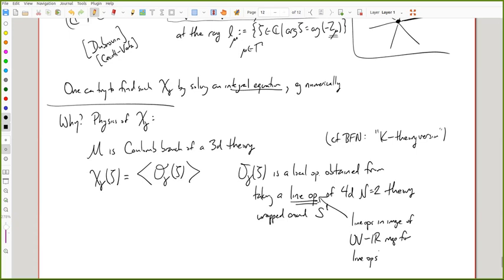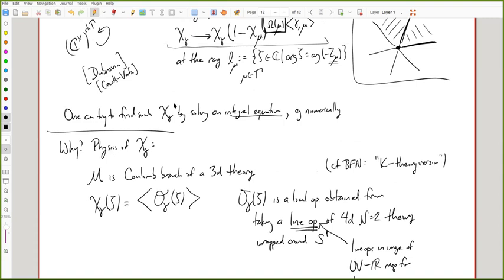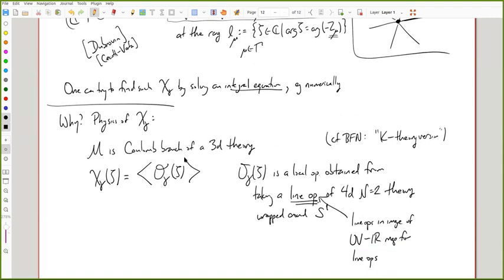When I told you about the Seiberg-Witten theory, I told you that there's a UV-IR map for local operators. Here, to understand the properties of these functions x gamma, that comes from a very analogous thing, which is the study of a UV-IR map, but not for local operators, but for line operators.